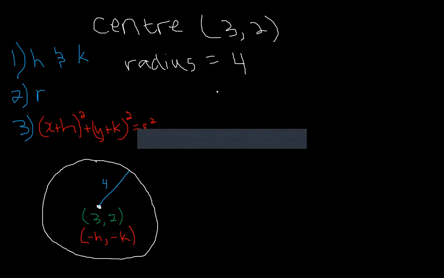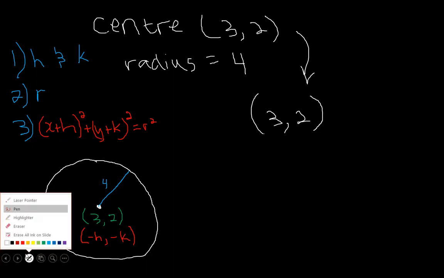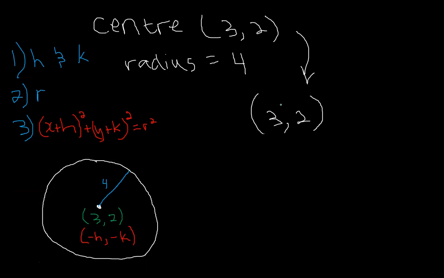They told us that the center, just looking at this down here, is (3, 2). Remember, this is the coordinate (x, y). First we want to identify the h and k values.